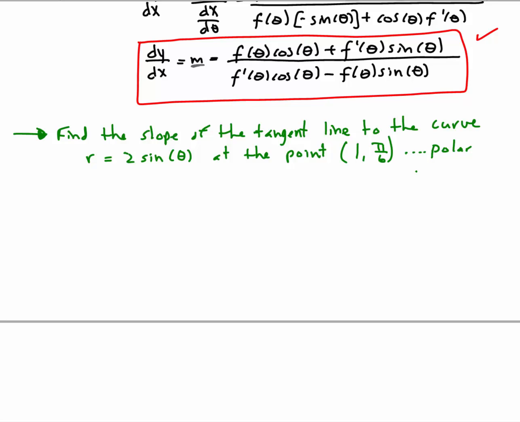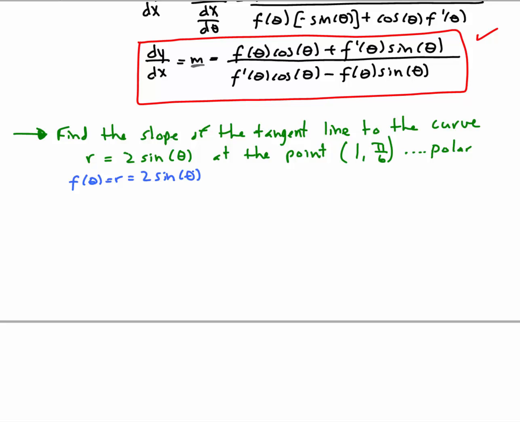So to get started, let's go ahead and realize that f of theta is equal to r, which is equal to 2 sine of theta.